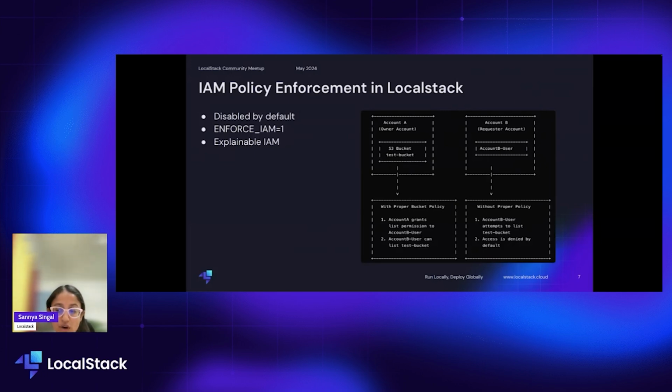In IAM soft mode, you can review your logs and assess whether your requests would have been denied or allowed while executing your stack, without causing any disruptions. And IAM policy stream lets you use this mode to generate a stream of IAM policies as your requests come in.